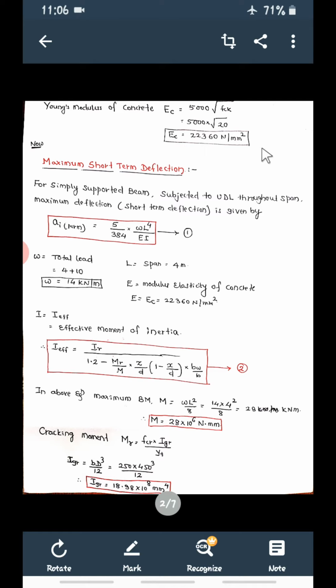Now first we'll calculate short term deflection. As the beam is simply supported and subjected to UDL throughout the span, what is the maximum deflection?